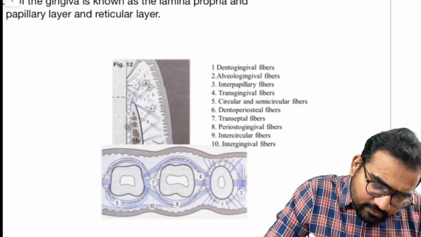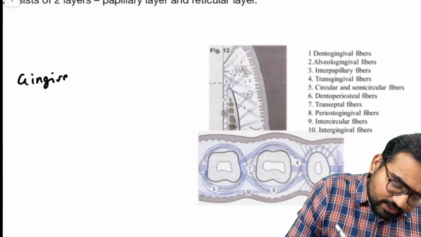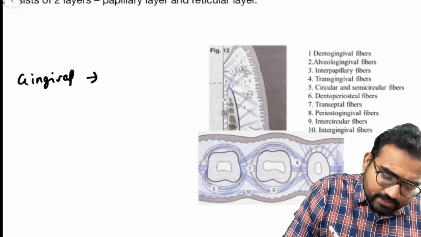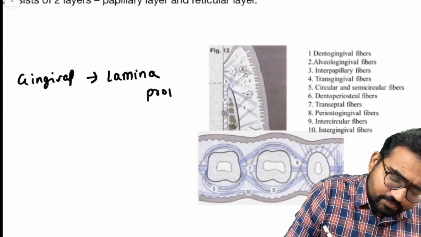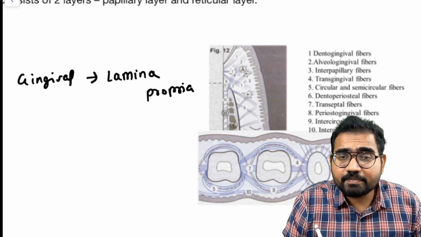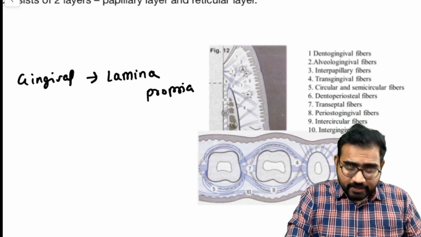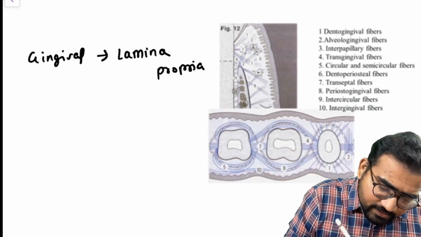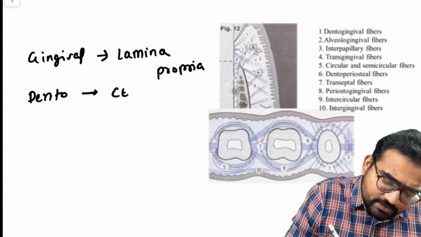Whenever I see the word gingival, it represents lamina propria, which is nothing but the connective tissue. Whenever I see the word dento, it represents CJ.